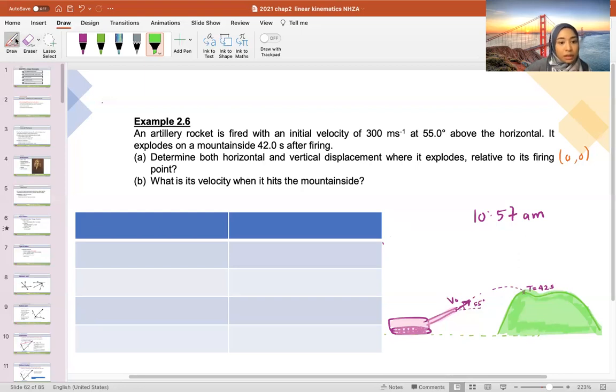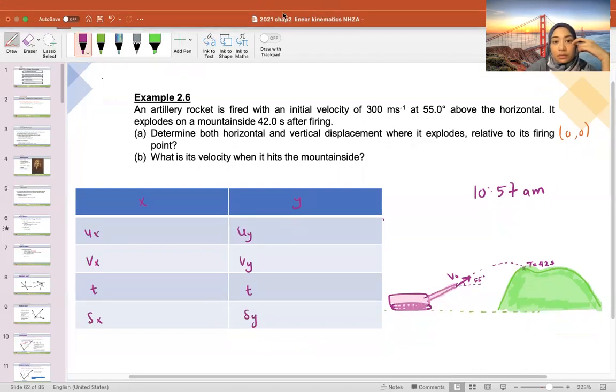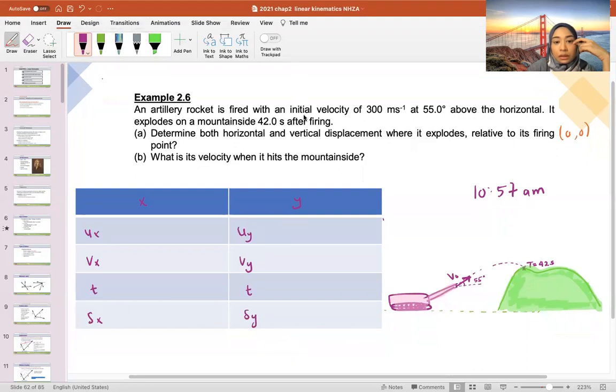Okay, so this is our X and this is our Y. Okay, can we get UX, X, Y, time, S, so now Adli to do UX.